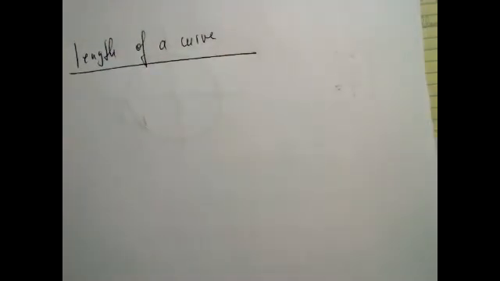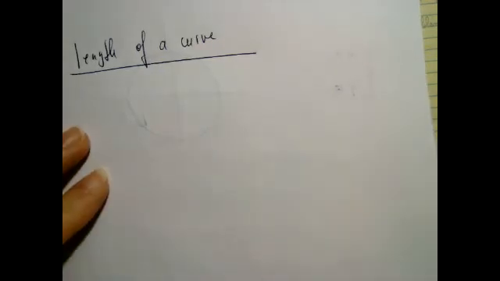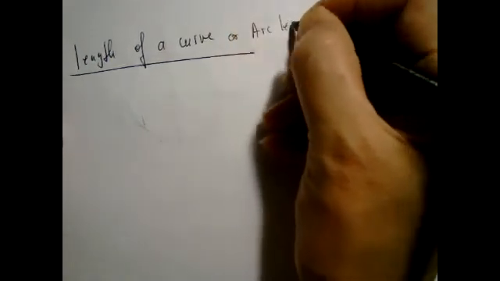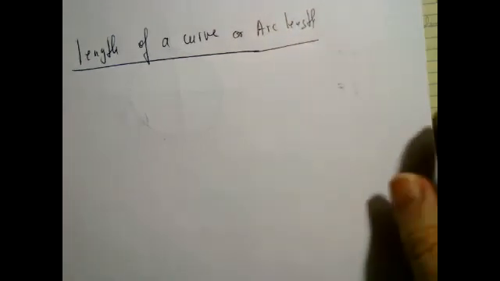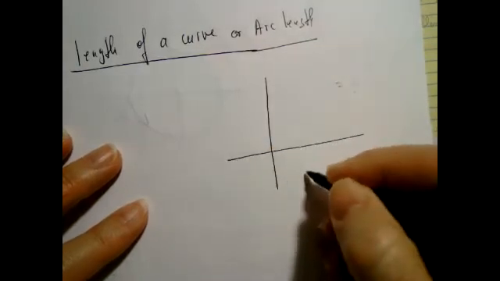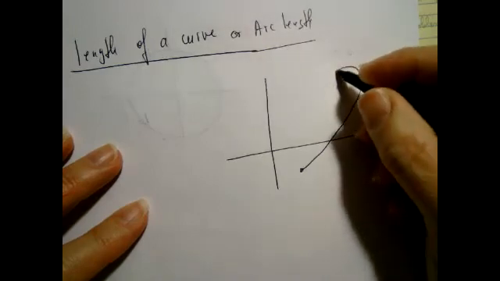So finally, length of a curve. Okay, so this is a simple formula that we learn and we apply. There is nothing really more into that. So length of a curve or arc length. Idea here is, let us say we have a curve and it's given parametrically. It means the x and y components are given in terms of a parameter t.